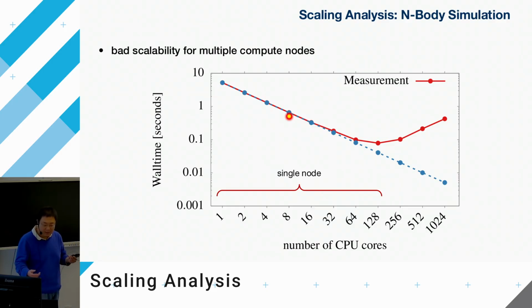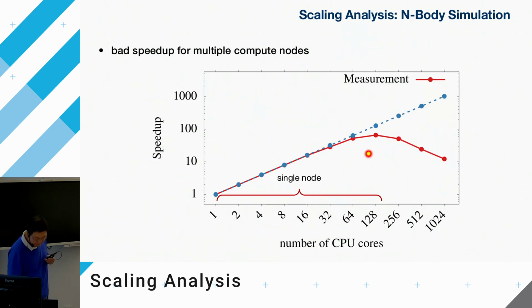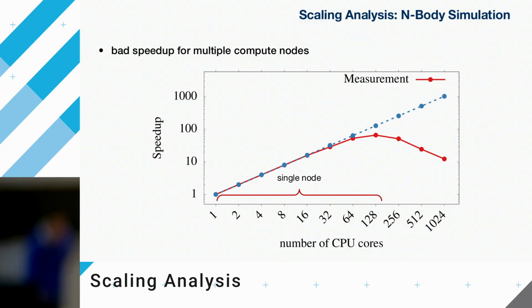So this makes no sense, right? 8 CPU cores is doable everywhere, even on your laptop. But 1000 CPU cores, as you know, is quite a lot of computational resources, but it becomes even slower. And the scaling for one single node is okay, but still not good. If you look at the speedup with respect to the increased number of CPU cores, the speedup is, let's say, horrible.